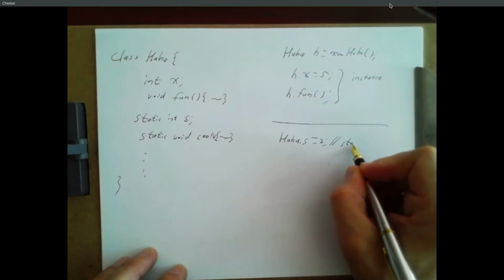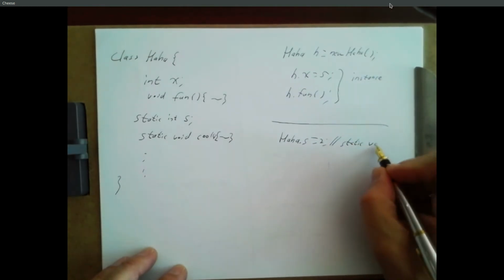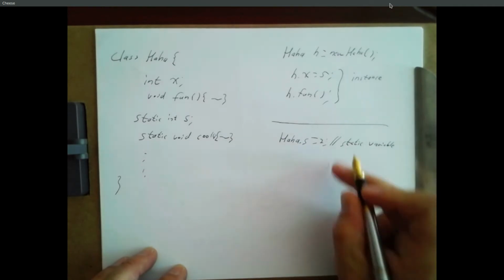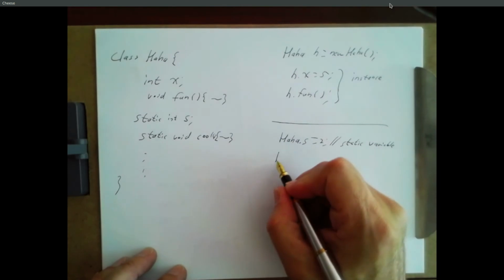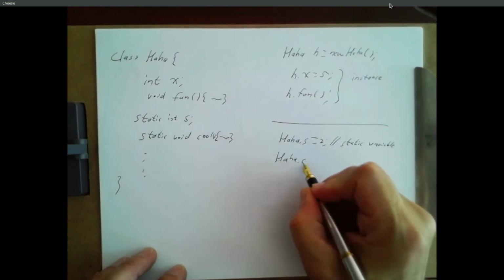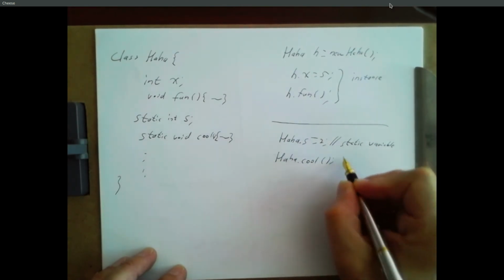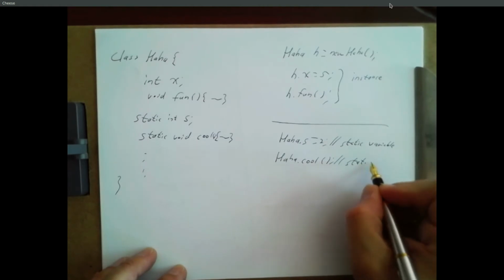So that's a static variable. And I could run this method called cool by saying haha, the name of the class, dot cool. And that's a static method.